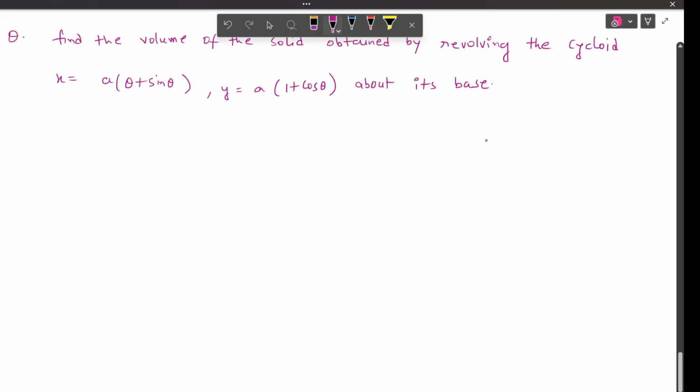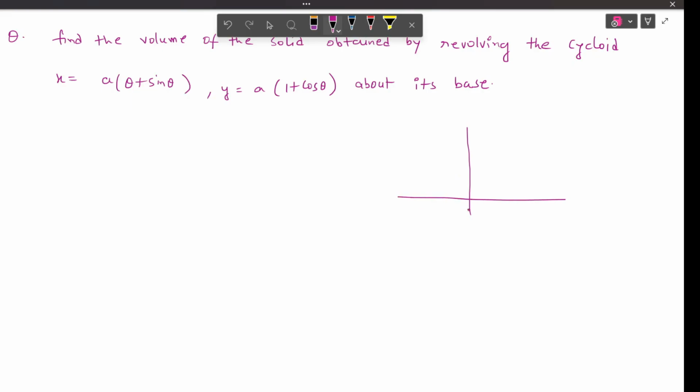So base of the cycloid is x-axis. So let us say this is your cycloid.